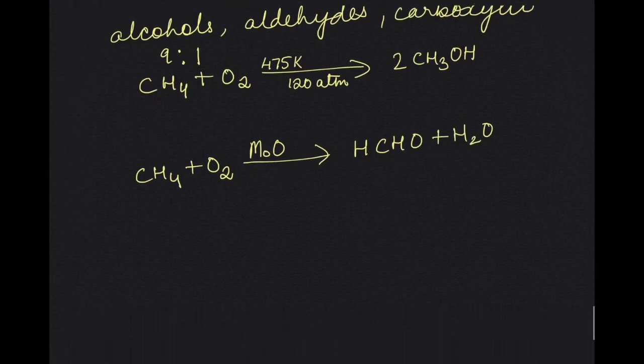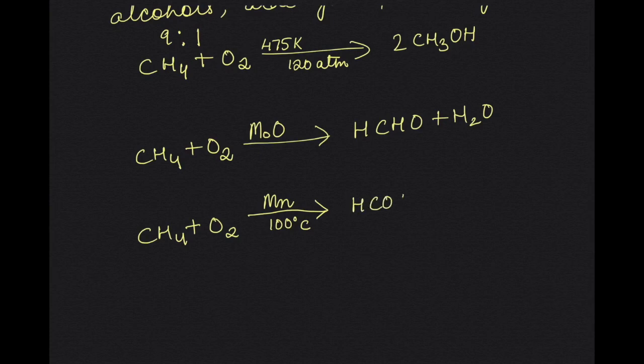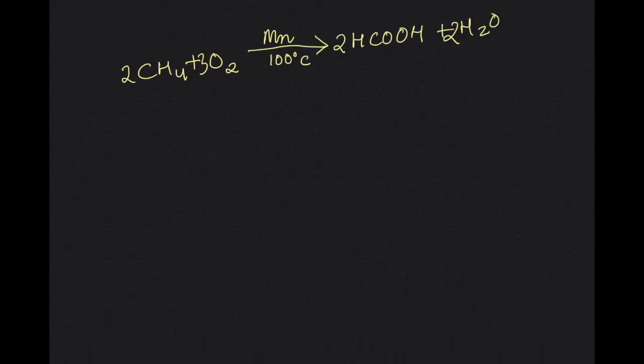Again we take the same mixture, methane and oxygen, and we take a manganese based catalyst at 100 degrees Celsius, then we will get formic acid and water. Of course, when you balance it, 3 molecules of oxygen, 2 molecules of formic acid, and 2 molecules of water. And the same type of reaction also takes place for ethane.